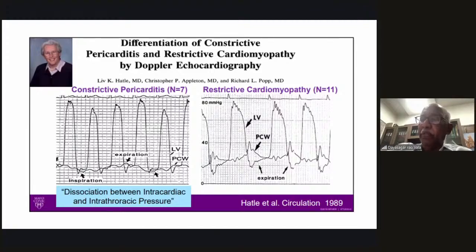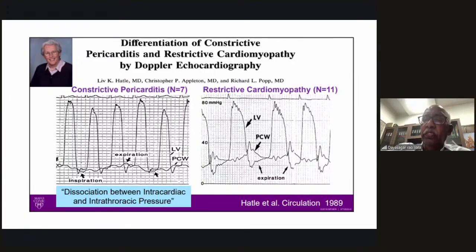So the pressure gradient is reversed to some extent, if not all the time, but at least at the beginning of inspiration. This loss of pressure gradient during inspiration is because an intrapericardial structure like the LV is not exposed to the negative intrathoracic pressure, whereas the pulmonary arterial wedge pressure or the left atrium, which is extrapericardial, is exposed to negative intrathoracic pressure. So there is reversal of the pressure gradient, at least in early inspiration, continuing till the end of inspiration.